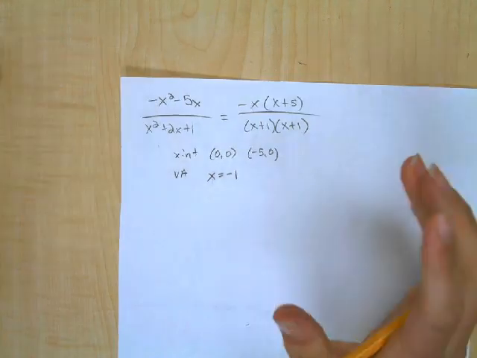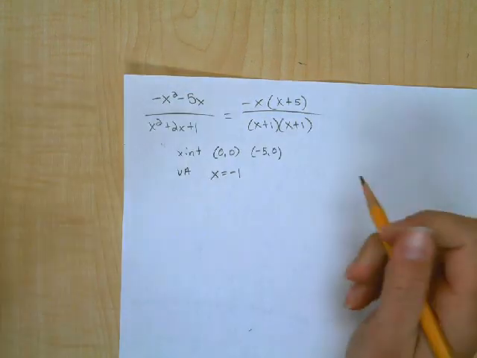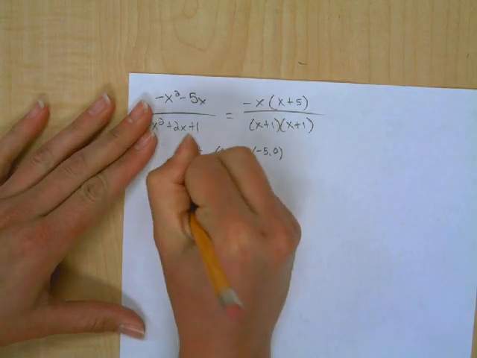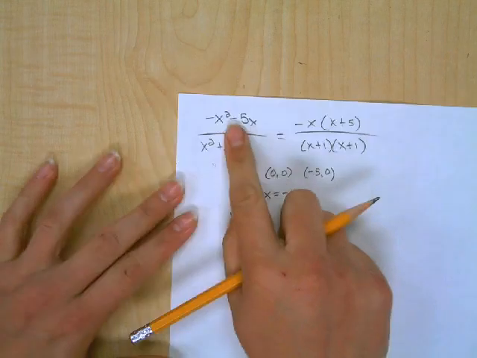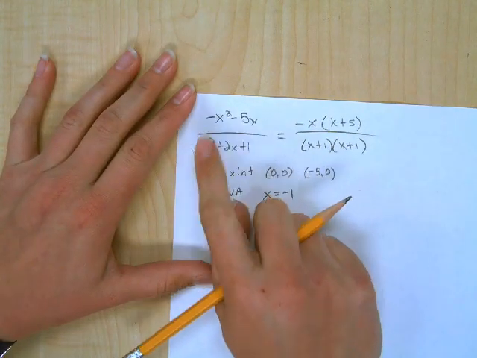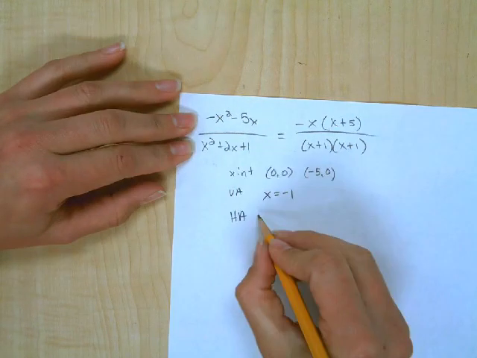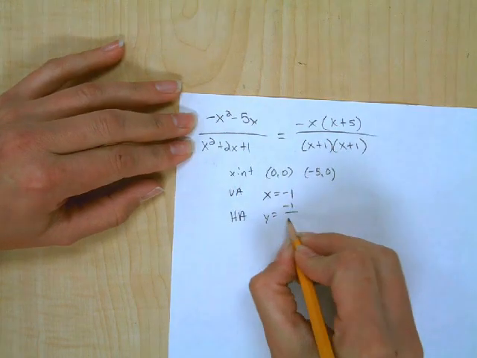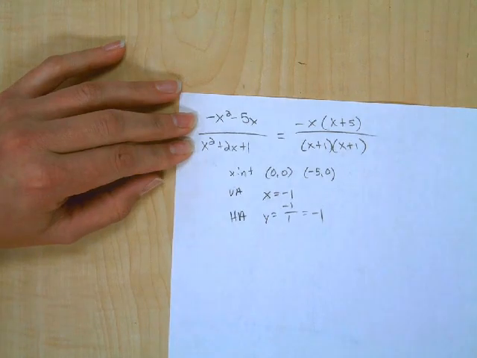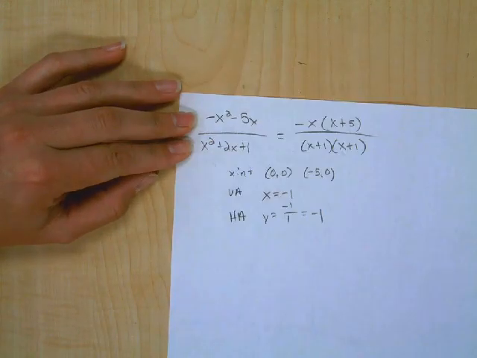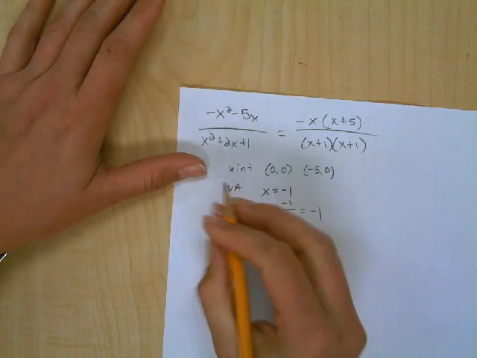It's the same one twice, so it doesn't really matter. So there's your vertical asymptote. For the horizontal asymptote, the degree of the top and the bottom are the same, so you find the coefficients and divide them. So it's just -1 over 1, which is just -1, just dividing those leading coefficients. So there's your horizontal asymptote.